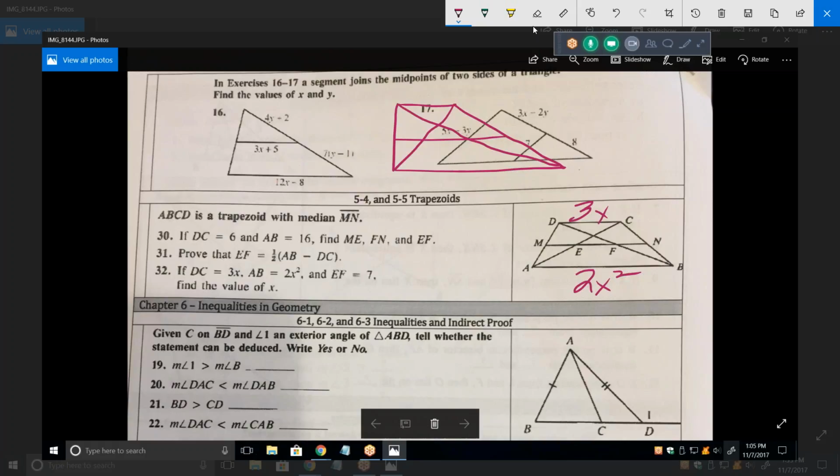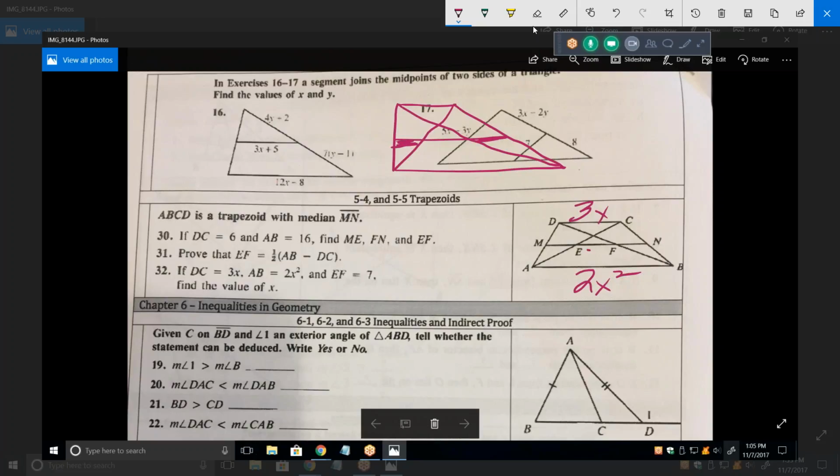But here, I just drew a trapezoid, and there's no way that that distance is equal to that distance. No, that's true. So it has to be an isosceles trapezoid for ME to be equal to FN. And that's probably the only way to prove that EF is half of the difference of the bases, by assuming that it's an isosceles trapezoid also.